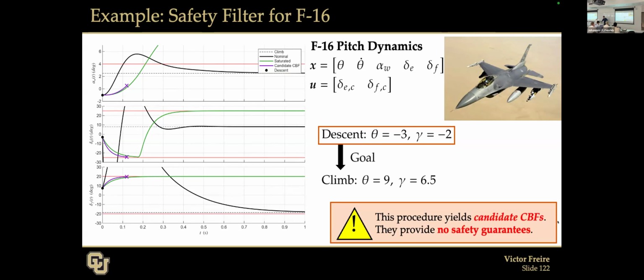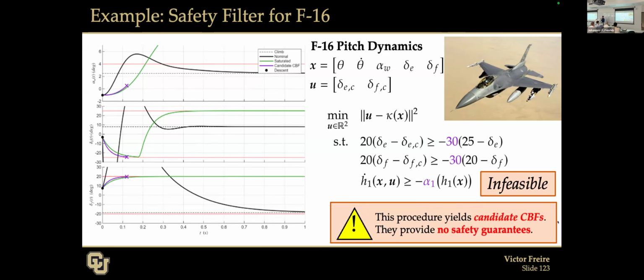There's no solution anymore. I told you this problem would be feasible, and it would be if h was a valid CBF. We only designed a candidate CBF. We didn't check that it was valid, so the problem became infeasible. That is the issue of designing CBFs naively, like we just did.